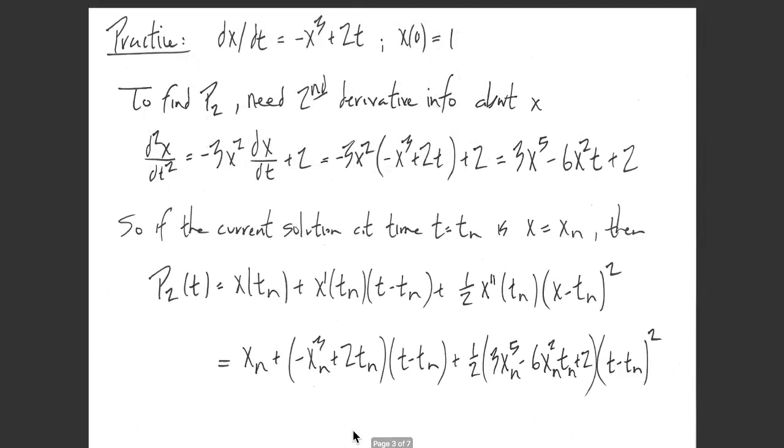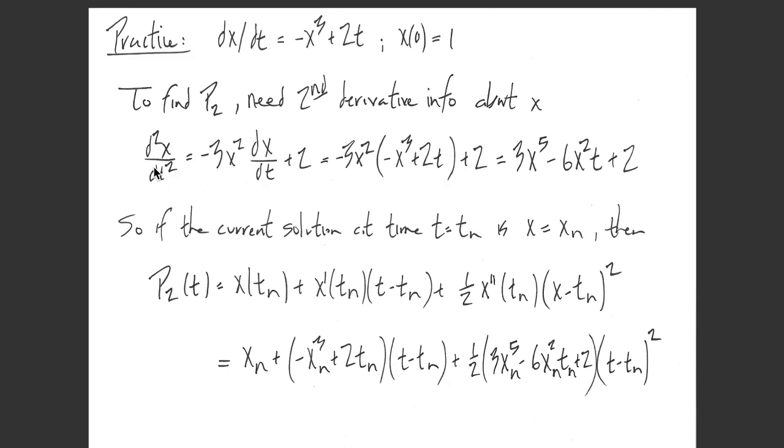To find the second degree Taylor polynomial, we need the second derivative of our solution. Now, of course, the initial value problem gives us the first derivative, but we'll need to work with that to get the second derivative, and we do that in the usual way, just by differentiating the ODE here.